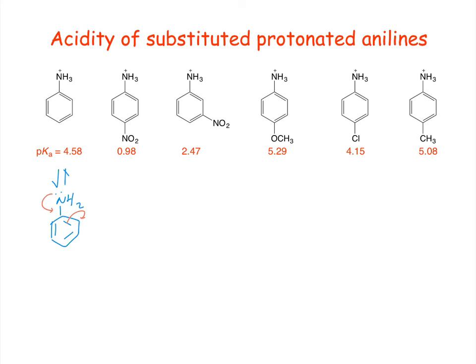And so what we see is basically the same trends. If we have the para-nitro, it goes way down. Meta-nitro goes down a little. So these are electron withdrawing groups. If we have an electron donating group, like methoxy, then it goes up. So it's just all the same trend.